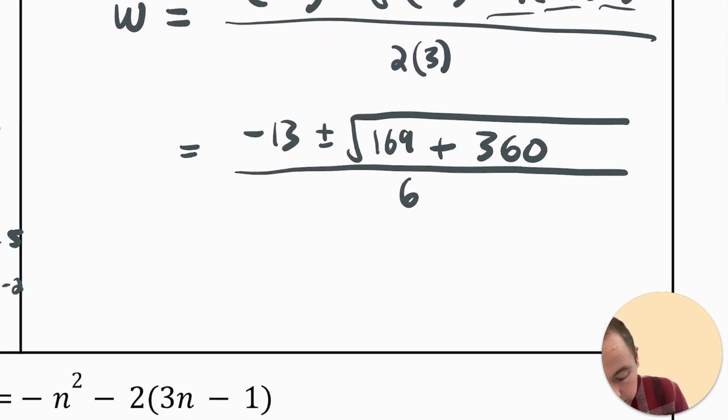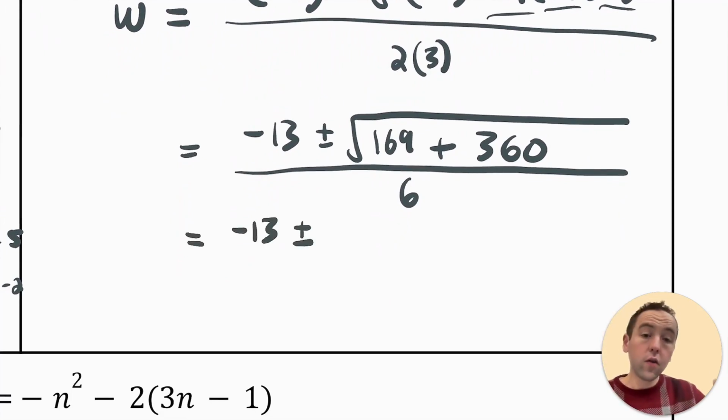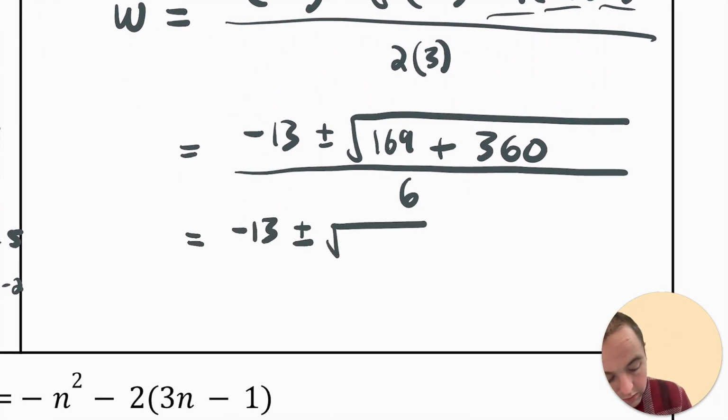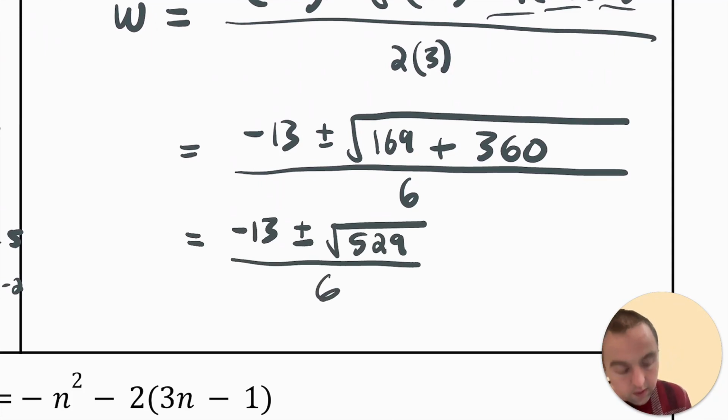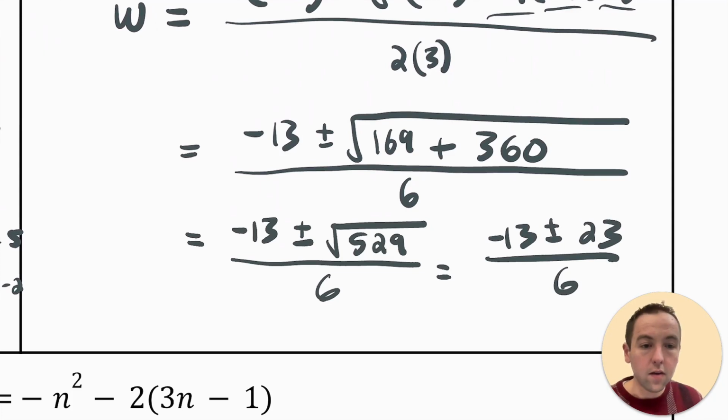So moving forward from there, we still have negative 13 plus or minus. If I add together the 169 and the 360, you're going to end up getting 529. It does turn out that 529 is a perfect square because it is actually 23 times 23. So you end up getting negative 13 plus or minus 23 over 6.